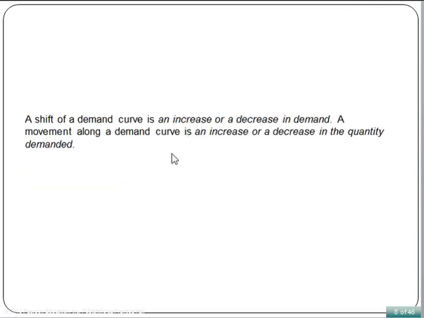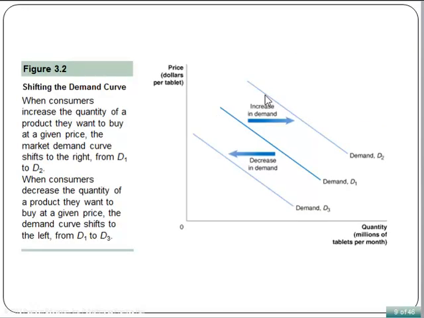We have to make clear the difference between a shift of the demand curve and a movement along a demand curve. What does that mean? Let's check the next slide. Shifting the demand curve: when consumers increase the quantity of a product they want to buy at a given price, the market demand curve shifts to the right from demand 1 to demand 2.